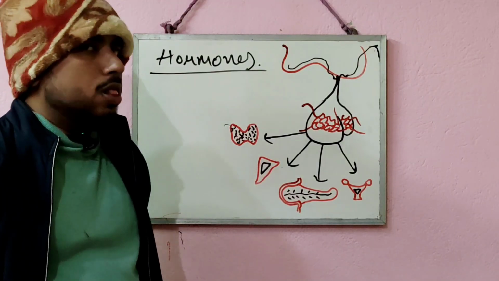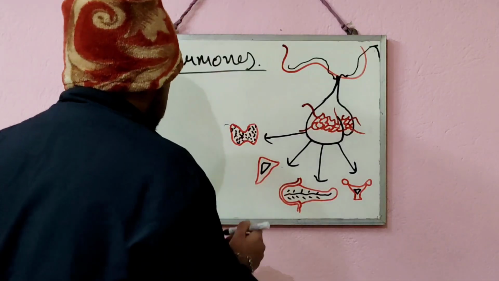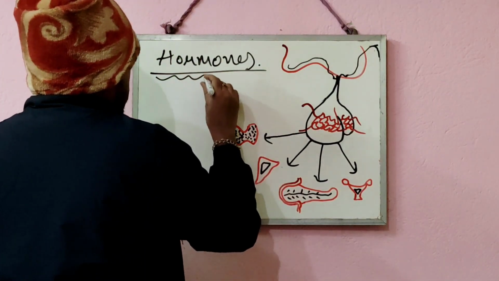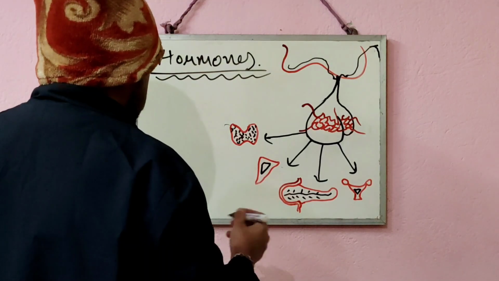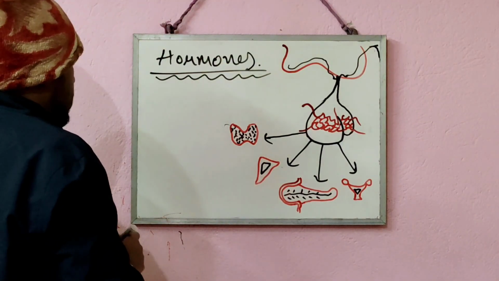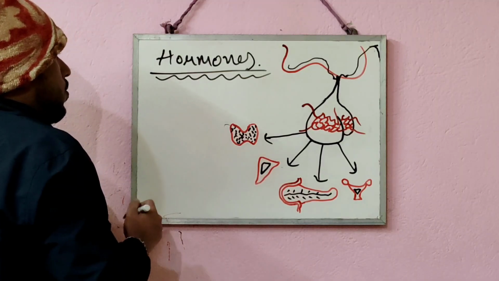So today we will discuss only the details about hormones, what a hormone is, where it is secreted from, what their functions are, and in the next class we will study the different drugs used as a supplement or to do the opposite work of hormones.